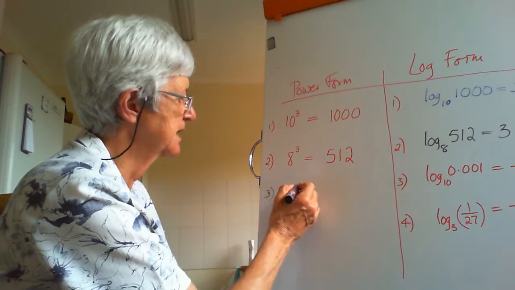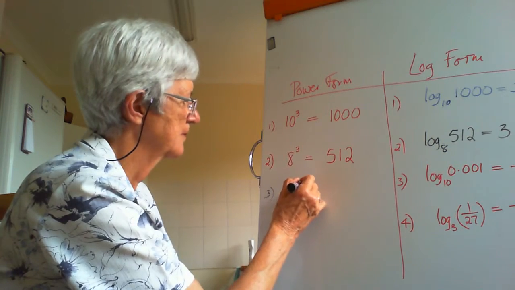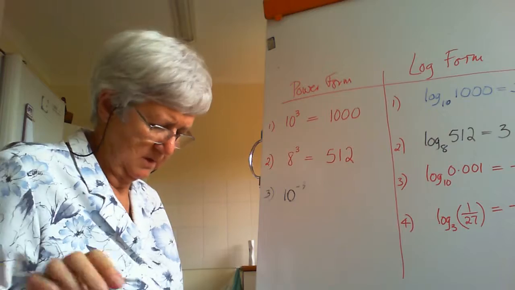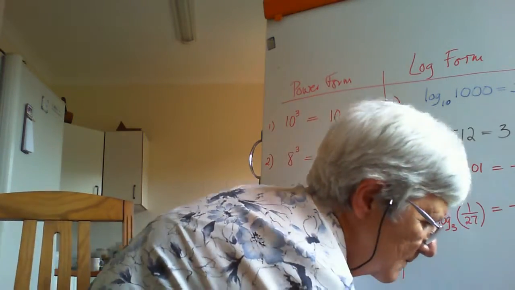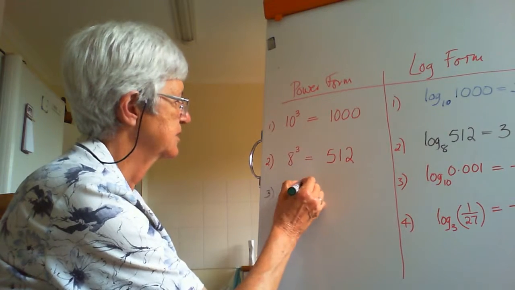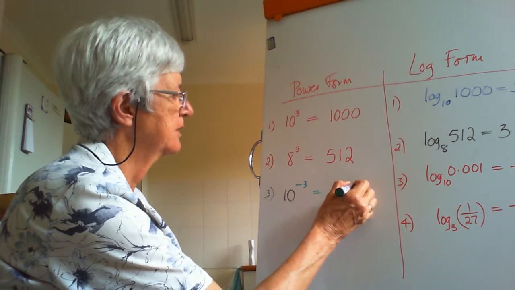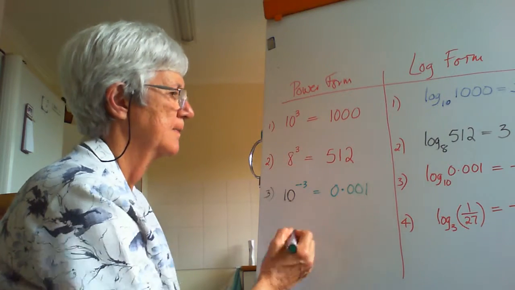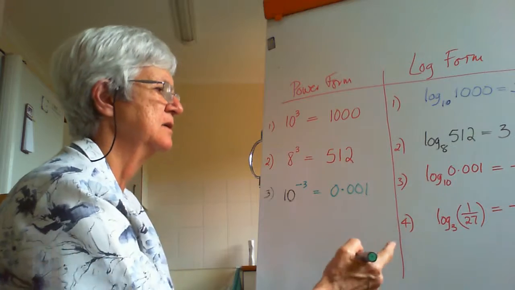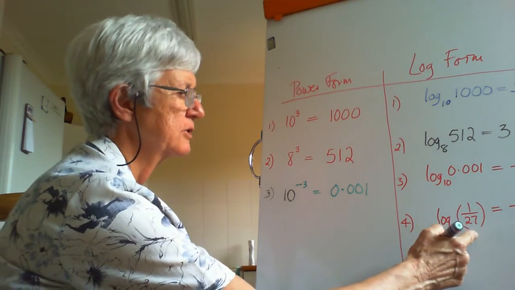In other words, 10 to the power of -3 equals 0,001.